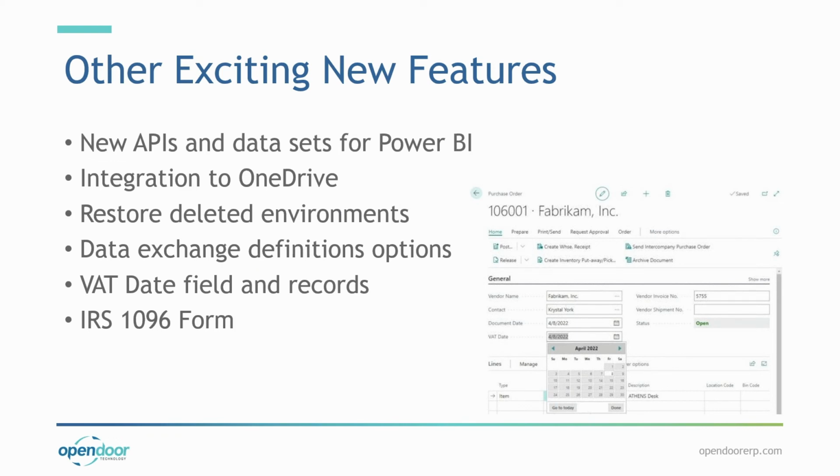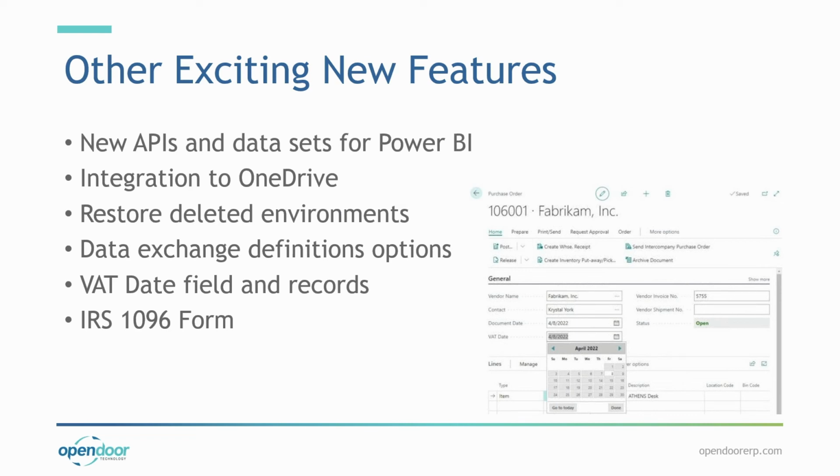Other new features that we cannot easily demo but are really neat. So there are new APIs and data sets for Power BI. There will be more in future releases too. So the ones that will come out with this release are general ledger data. That includes the GL budgets and dimensions, accounting periods, business units.